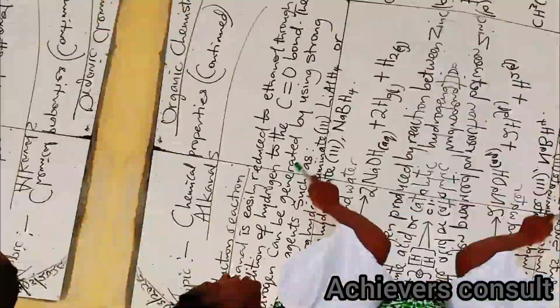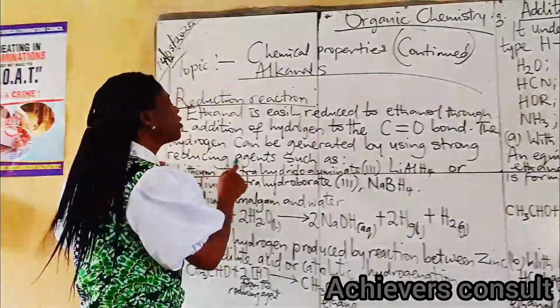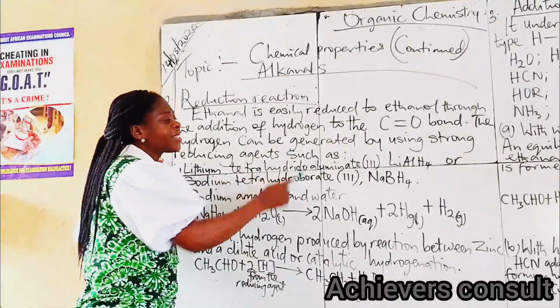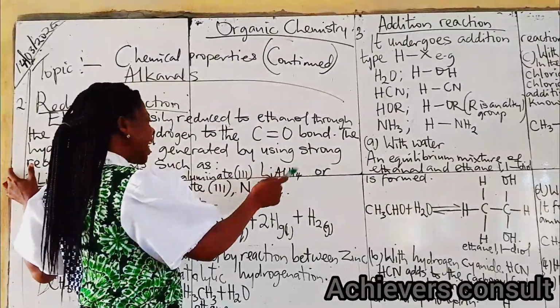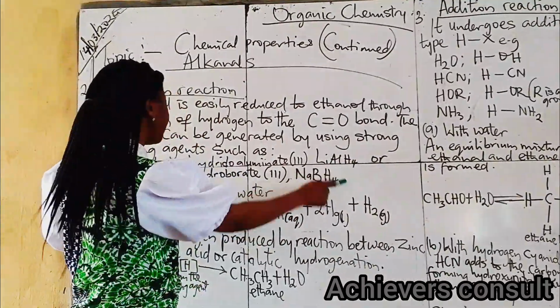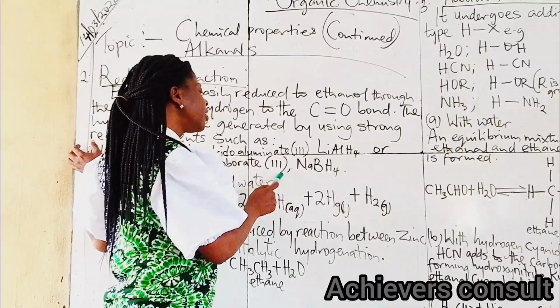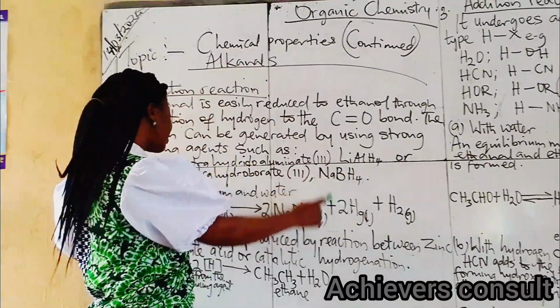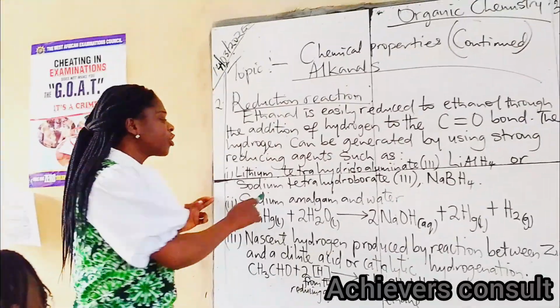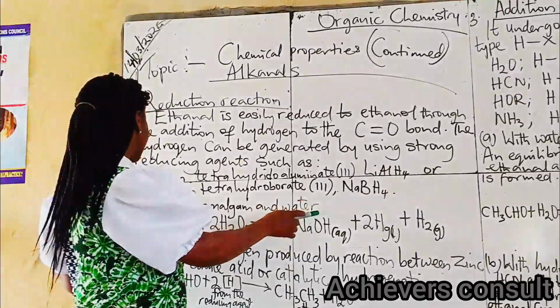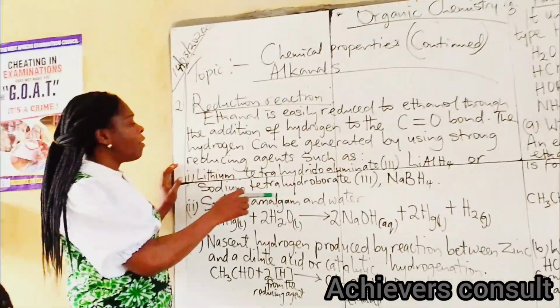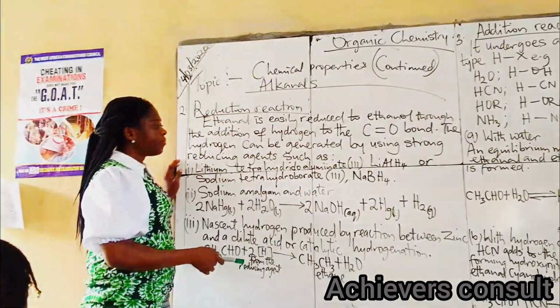The hydrogen can be generated by using strong reducing agents such as lithium tetrahydroaluminate(III), sodium tetrahydroborate(III), then sodium amalgam and water. These are examples of reducing agents.